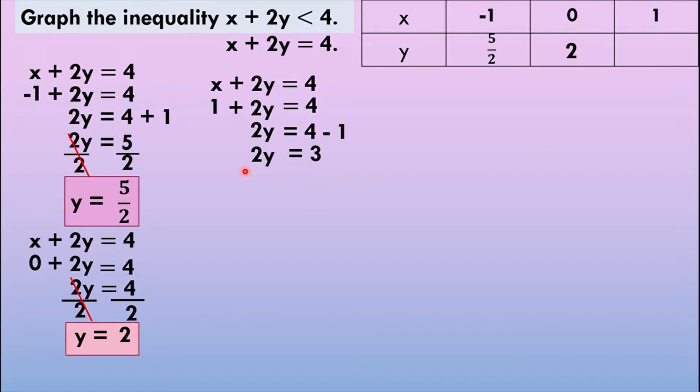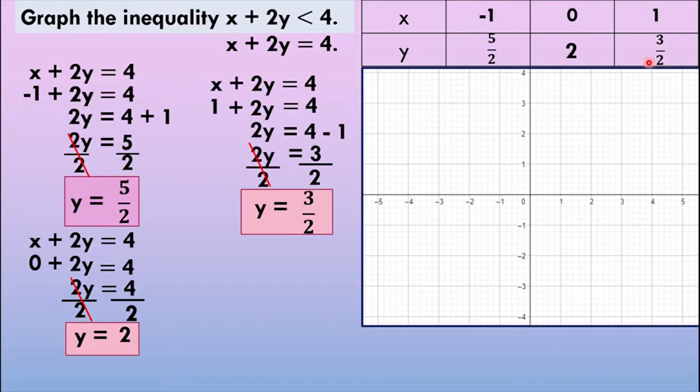Then, divide both sides by 2. 2y divided by 2 and 3 divided by 2. So, 2y divided by 2, we have y. Then, 3 divided by 2, so we have 3 halves. Okay, so 3 halves is equal to 1 and 1 half. So, when x is positive 1, y is 3 halves.